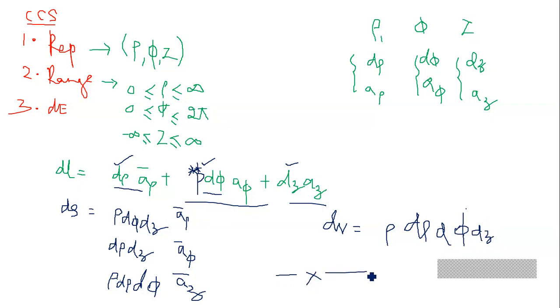One more is left over, that is the spherical coordinate system. Hope it is clear. Till now we have completed the rectangular coordinate system and the cylindrical coordinate system. The third topic is the spherical coordinate system.